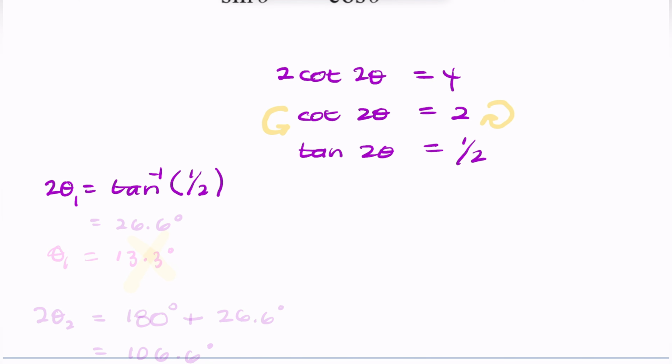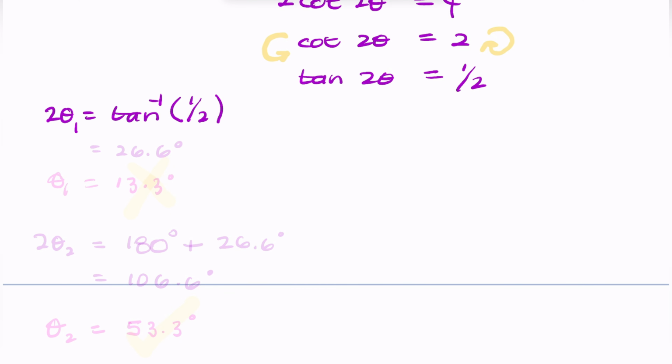That's 2 theta 1. And we would then say 2 theta 2. They want it in degrees, so 2 theta 2 would be 180 plus 2 theta 1. So let's find 2 theta 1. That's 26.6 degrees. They don't mention how many decimal places, but let's say 26.6 is fine.